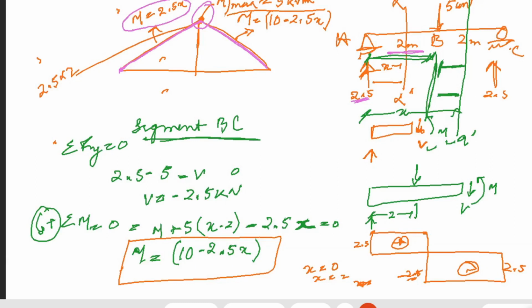When x is 0, moment is 0. Simple. Right? And when x is 1, moment will be 2.5. It will vary accordingly, linearly, giving the values of x. Here again, on the right hand side also, you can give the values of x, and you can simply calculate the moment.